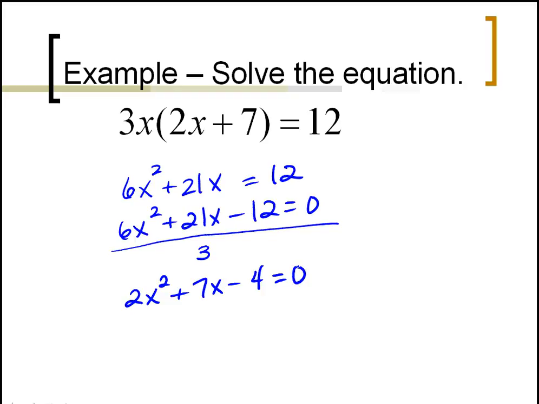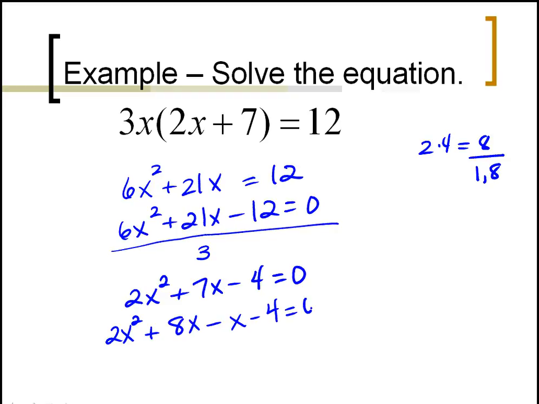which may be a little bit easier to factor, because now we're looking at 2 times 4, which is 8. And what are the factors of 8 whose difference is 7? And that is 1 and 8. So if we put in these factors, 2x squared, between 8 and 1 to get a positive 7, I need a plus 8x minus a 1x, and then minus 4 is equal to 0.